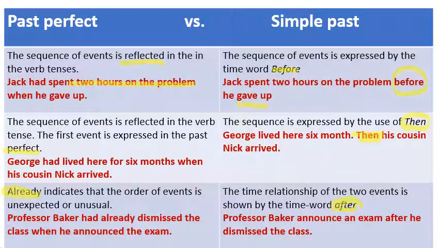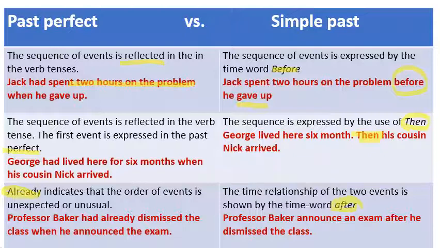Now let's compare the past perfect with the simple past. Like I said earlier, the sequence of events is not indicated using the clue marker with the past perfect. Therefore, we use the past perfect to indicate the sequence of events. Let's look at the sentence: Jack had spent 2 hours on the problem when he gave up.